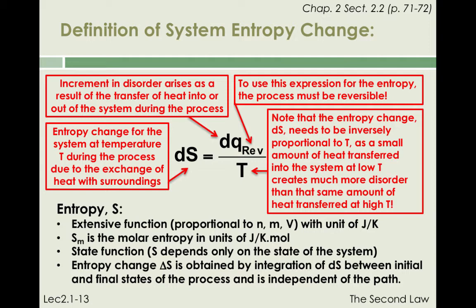However, because the entropy is a state function, the entropy change delta S is independent of the path. This is a very important consideration that we will need to remember when we calculate delta S for processes that are irreversible. That is, for processes for which we cannot a priori calculate the entropy change directly through the actual path.